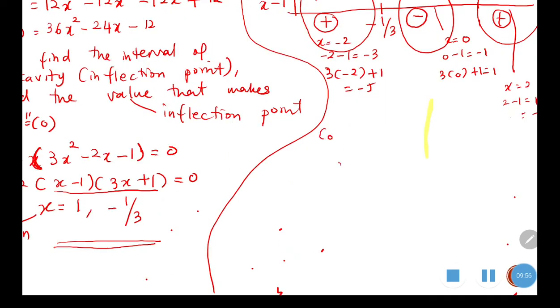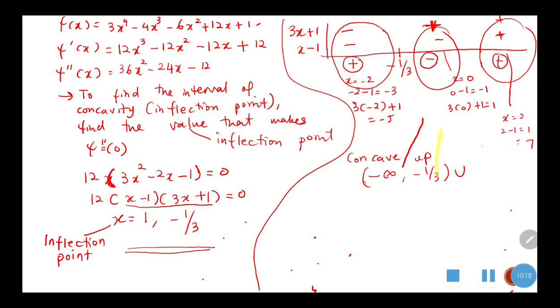Now write it down really neatly. So concave up is from what, guys? Concave up is from minus infinity to minus 1/3. And another one, concave up where?